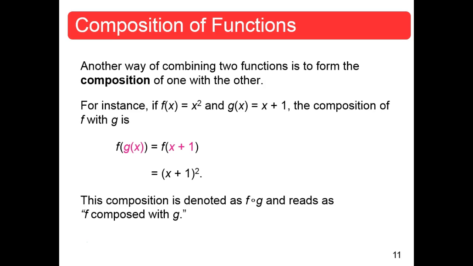F composed with g means what you're going to operate on with f is actually the g function. So the g function is this thing, you put that in here, and then the f function says to do what to everything that's inside here? You square it. So that would be x plus 1 squared. You see what it's doing? We've done the individual steps before, now we're combining them. Does that make sense?